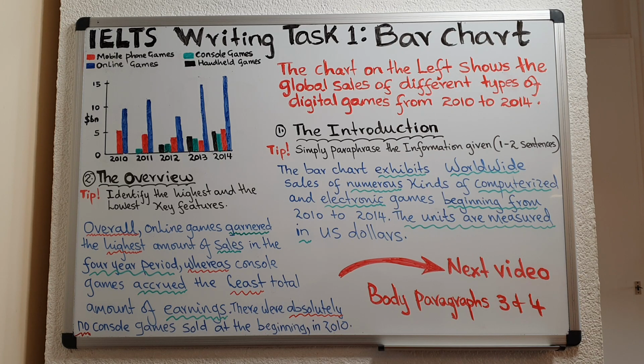When you get the word different, you can replace that with numerous. Types, you can replace it with kinds. Digital games, you can replace that with computerized and electronic games. And when you get from 2010 to 2014, you can replace that with beginning from 2010 to 2014.